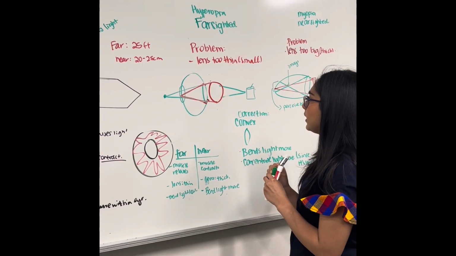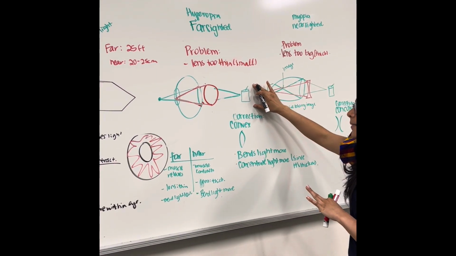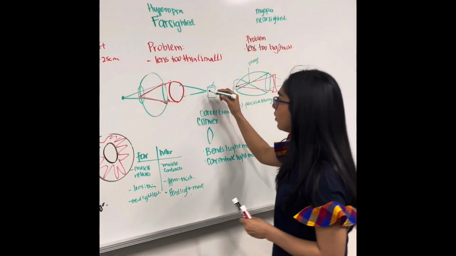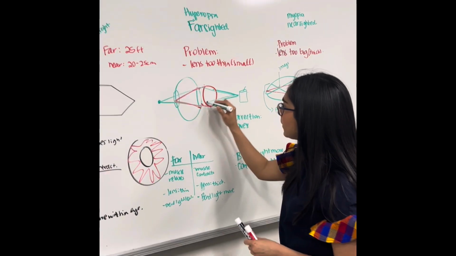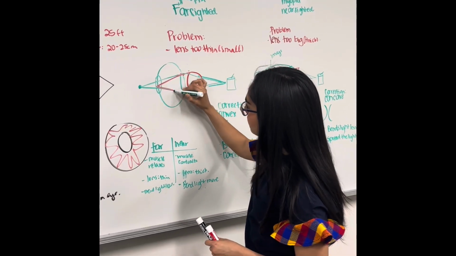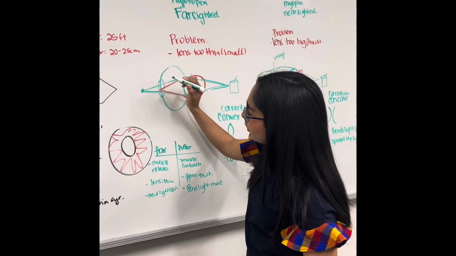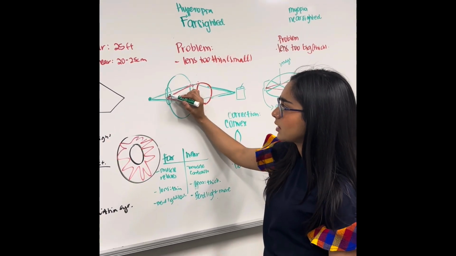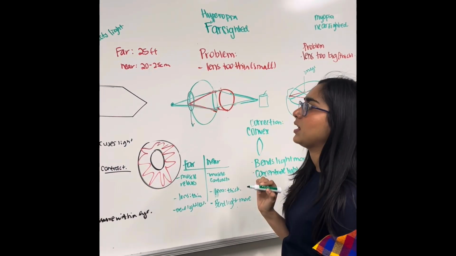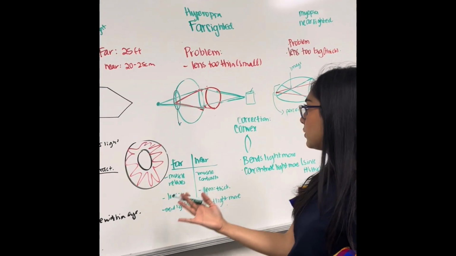So let's say that they're looking at a juice, and normally what is in green would happen. The light will come in, get into their lens, and their lens will converge the light, but it will converge it way later than when it touches the retina. This is the retina right here. And so that's why they can't see very well something that's close.